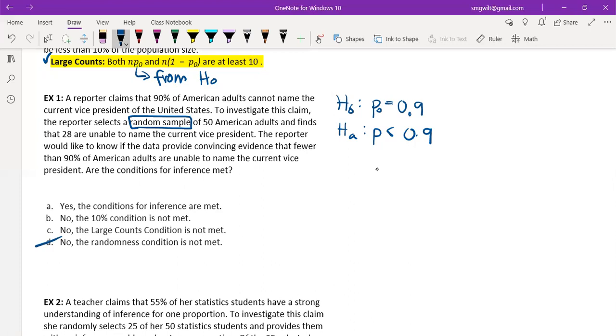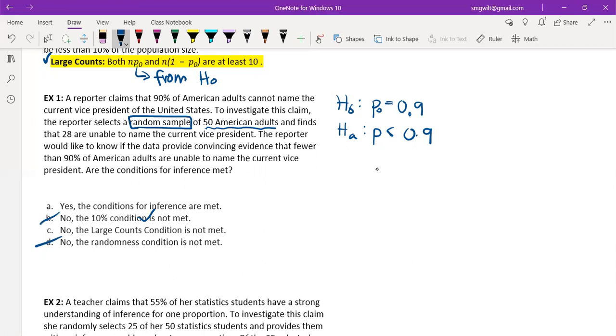When we don't have a population size, if I think about 50 American adults, 50 is barely anybody in terms of how many adults there are in America. And so that means that condition is met. So the 10% condition is good.